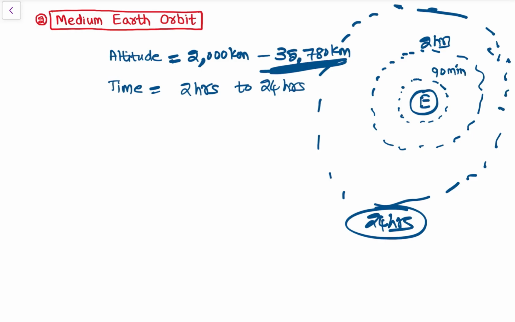Have patience while we study geosynchronous and geostationary orbits. We will see the exact distance at which these satellites stand, and it will take 24 hours.